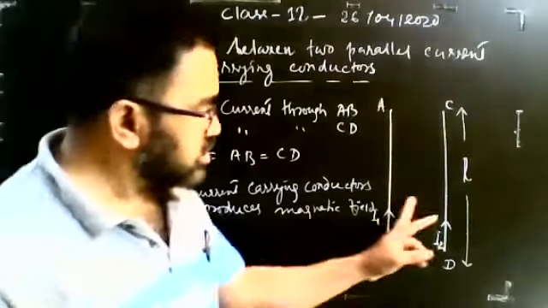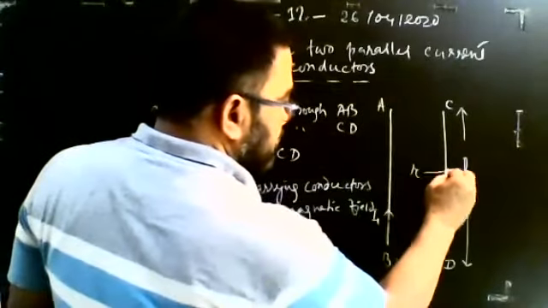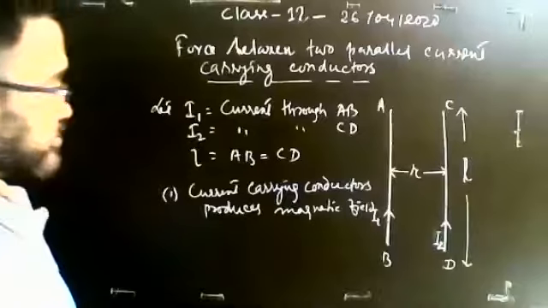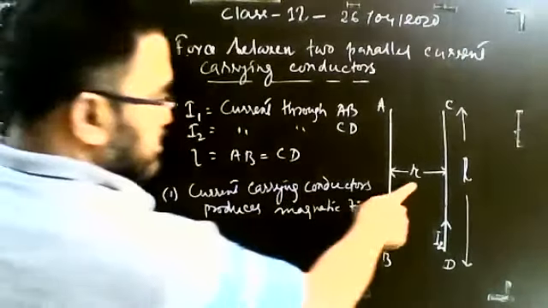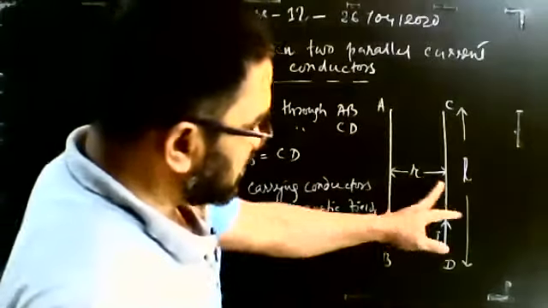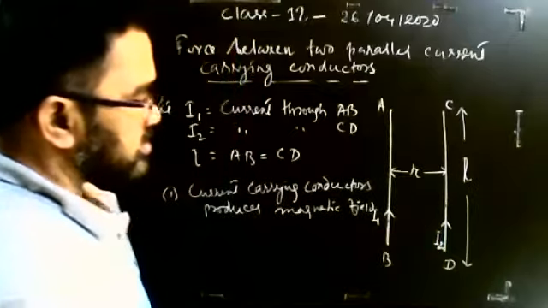Suppose R is the distance between them. They are placed at a distance R apart. R is the distance between the two conductors. Because they are parallel, at all points R will be the same.